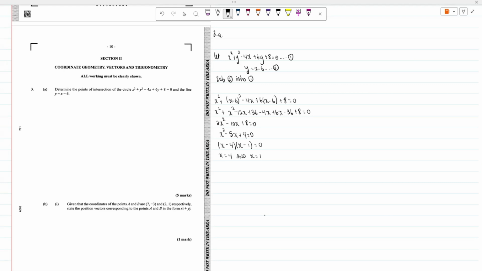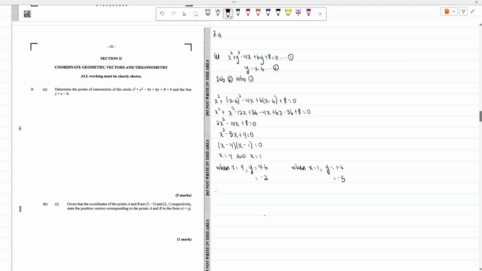All right. Now they say determine the points of intersection. Now we say when x is 4, y is equal to 4 minus 6, which is equal to minus 2. And when x is 1, y is equal to 1 minus 6, which is equal to minus 5.